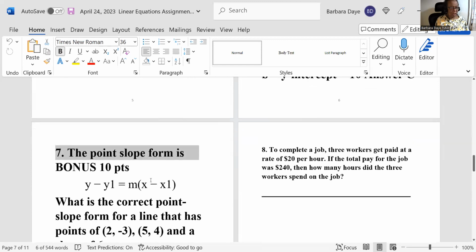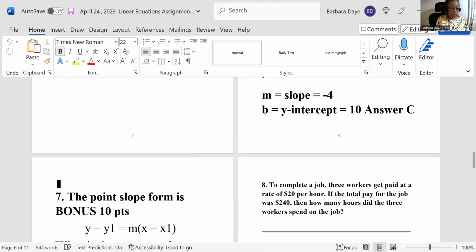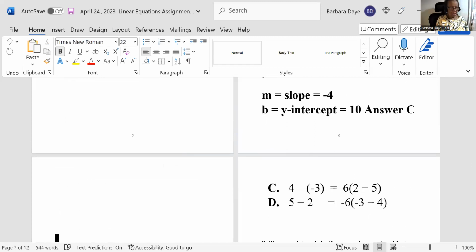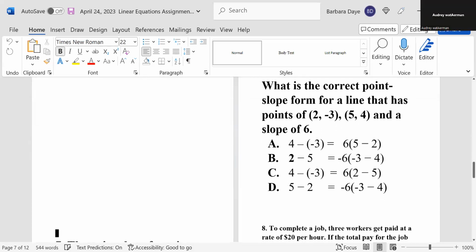Oh, the 6 is the slope. That's the m, Audrey. Let me put this all on another line so we can do it all in one frame.